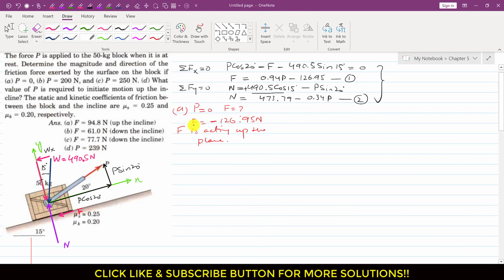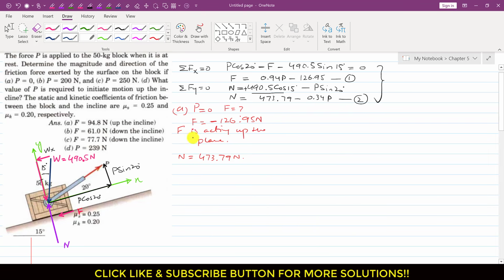Now if I substitute P equals to 0 in equation 2, we will get the normal force. We will be left with 473.79 newtons.